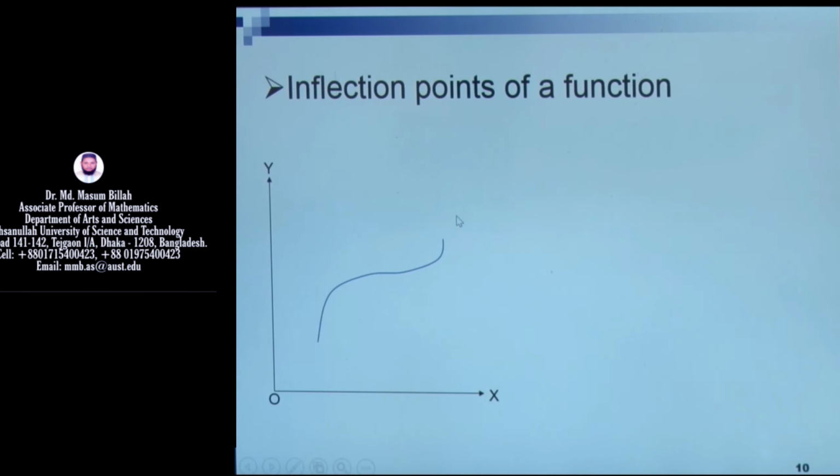Now, we may have some other graphs here. You see, there is a stationary point, f'(x) equal to 0, but the graph is continuous through this point, and you see at this point f'(x) equals 0. So we can say this point is known as a stationary point or critical point. And we can check on the left side of this stationary point that the function is increasing.